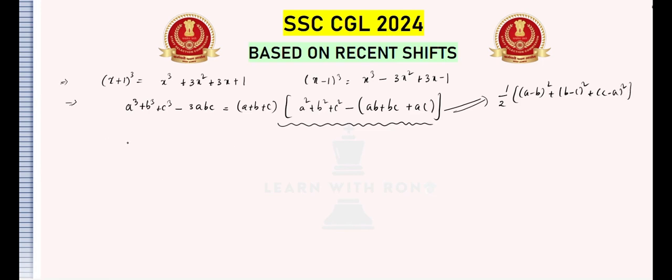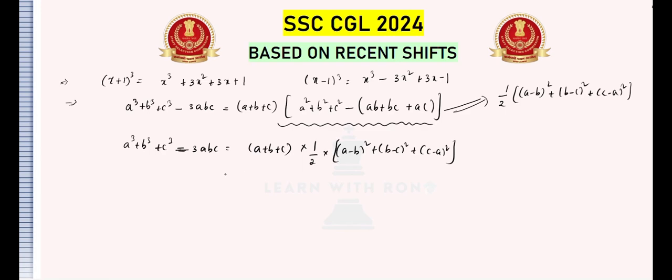So then we will get a new formula like a cube plus b cube plus c cube minus 3abc equals a plus b plus c multiplied with 1 by 2 of a minus b whole square plus b minus c whole square plus c minus a whole square.